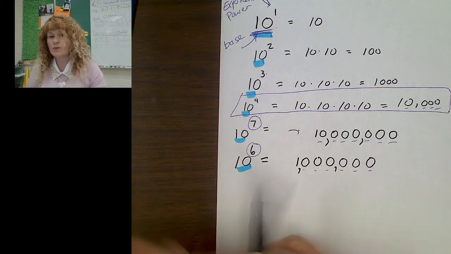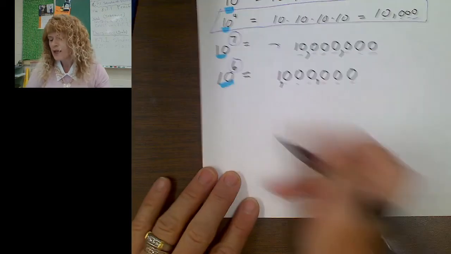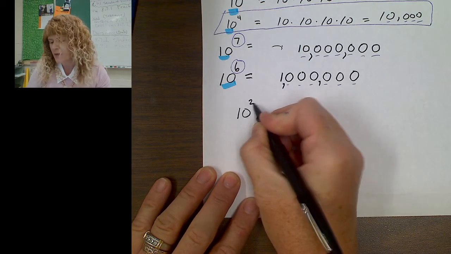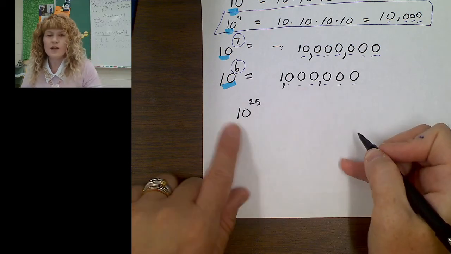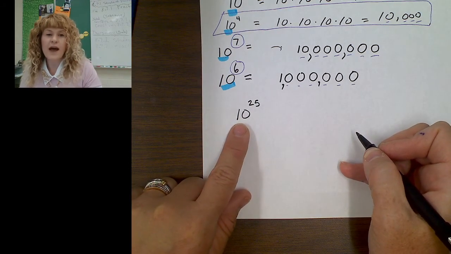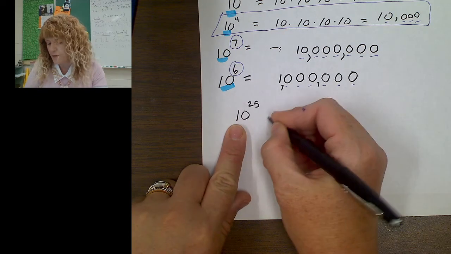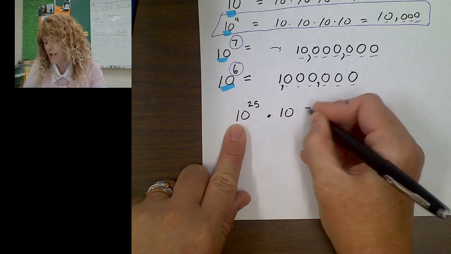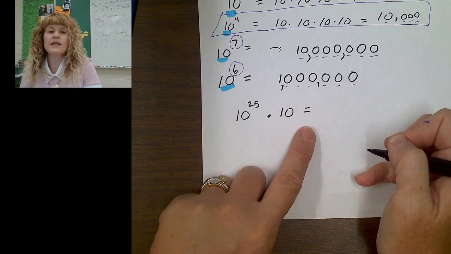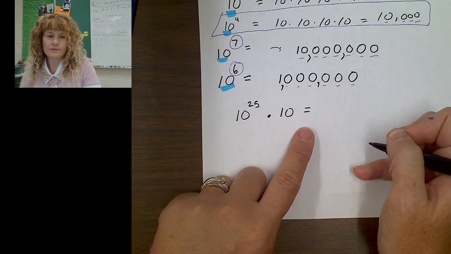I'm just going to do one more example. Let's say you had 10 to the 25th power, and I asked you to multiply that by 10. 10 to the 25th power times 10. What does that equal in exponential form?